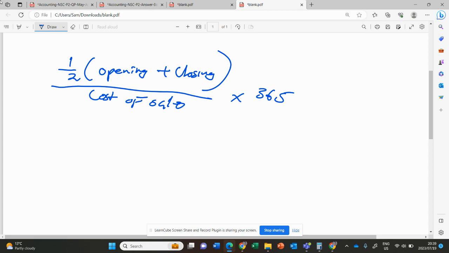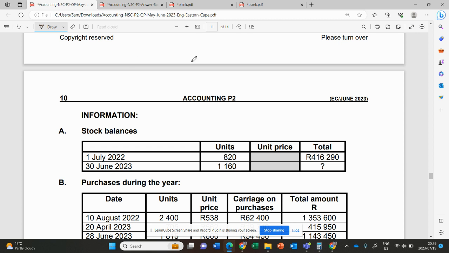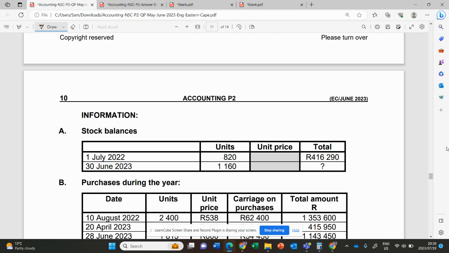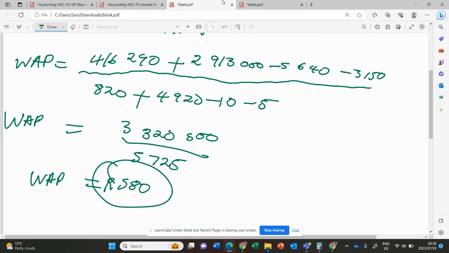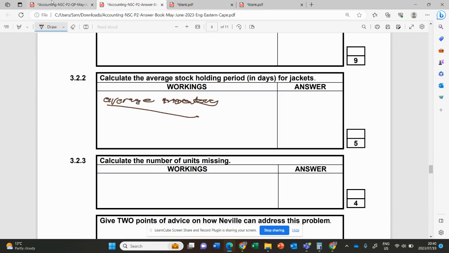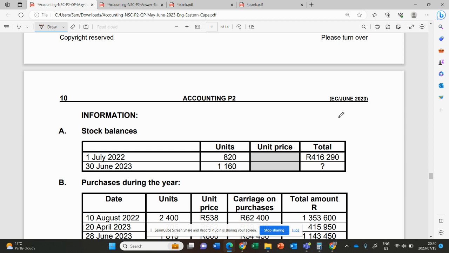In here, the examiner didn't say that you need to use the closing unit. So it means you're going to use an average: 1/2 into opening plus closing. Opening, I think it was 416,290.